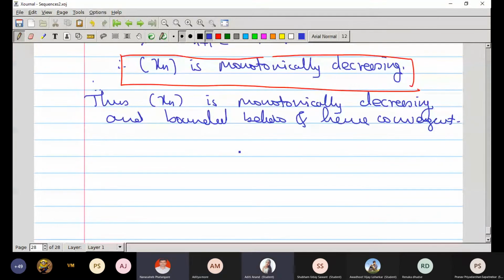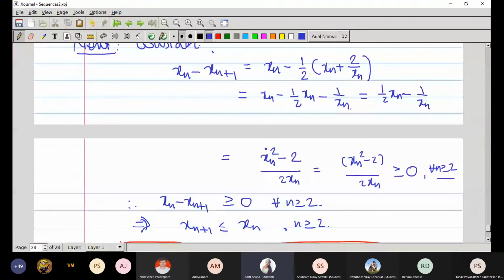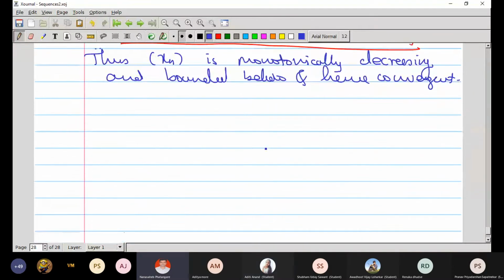Excuse me, sir. Yes. Sir, but x1 is also a term of the sequence only, no? So why are we not considering that? It doesn't matter for convergence. Okay, let me give you an example. The first term doesn't matter basically.